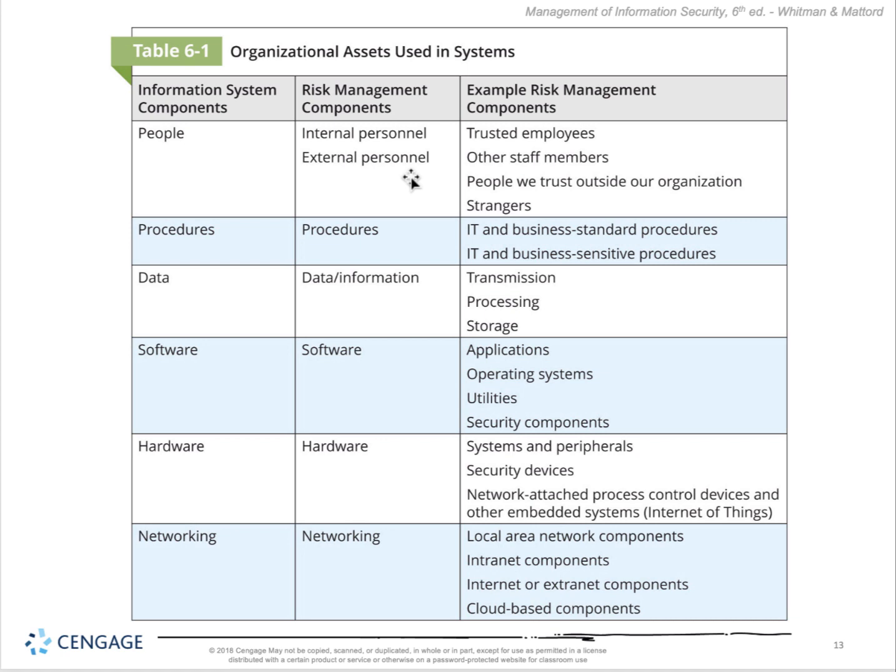What that means is, your people might be impacted by internal personnel and external personnel, right? And what are the risks that you need to manage in order to mitigate those risks associated with that kind of asset?